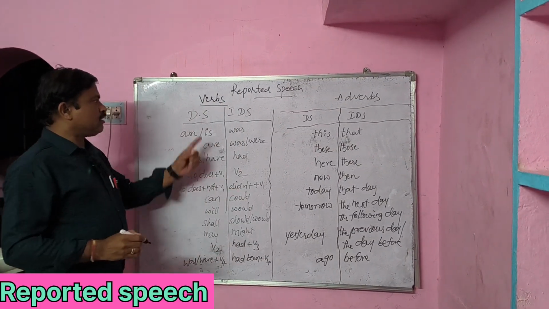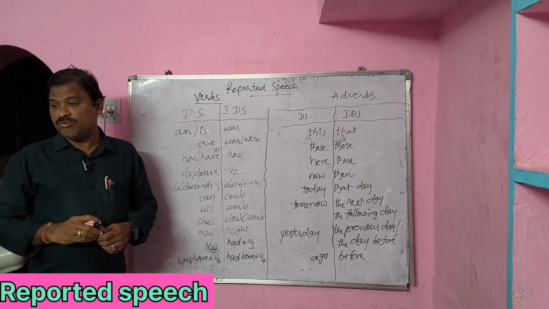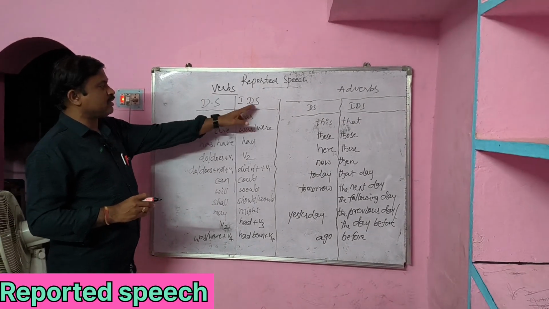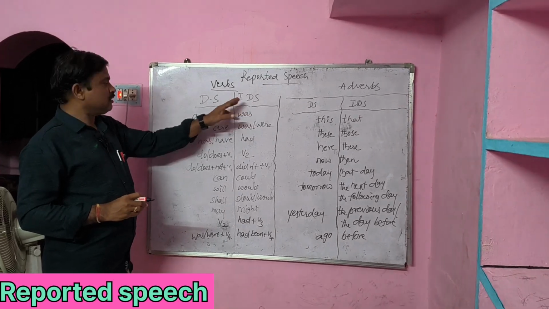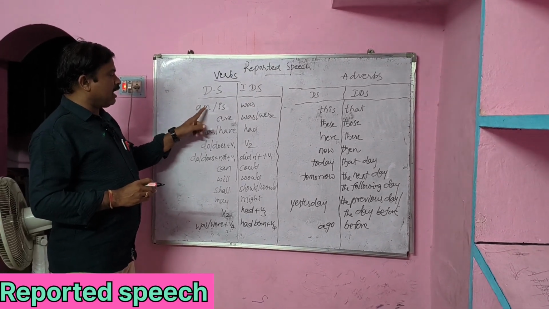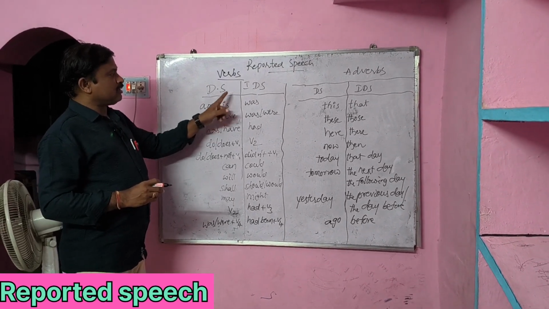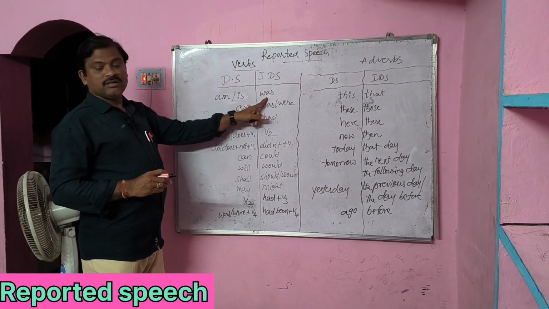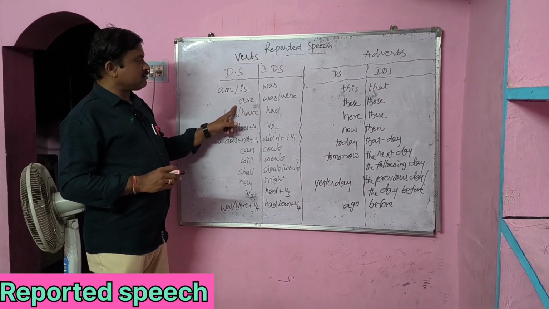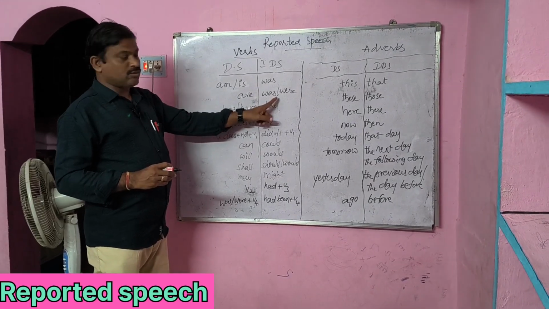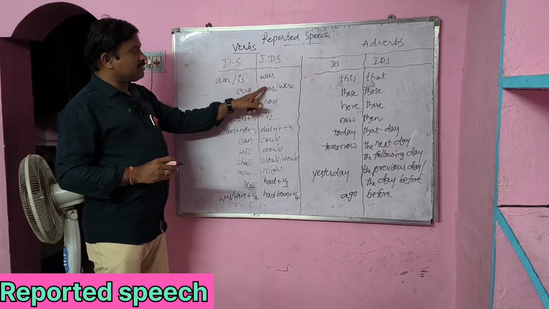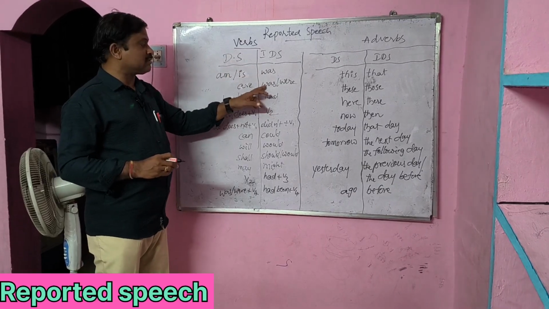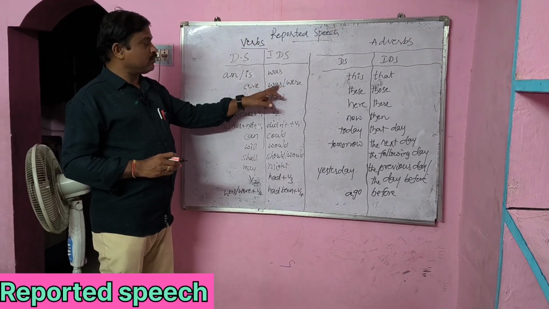So, see now how the verbs will be changed. Suppose you observe direct speech and at the same time reported speech or indirect speech. If you take am or is, automatically in the reported speech it will change to was or were, depending on the subject. If the subject is singular, you have to use was.